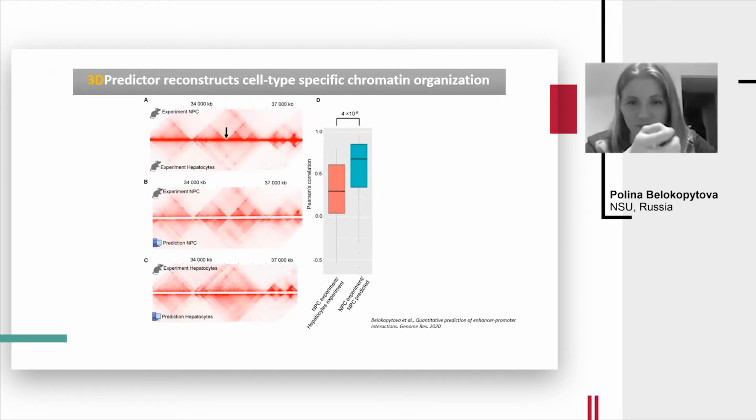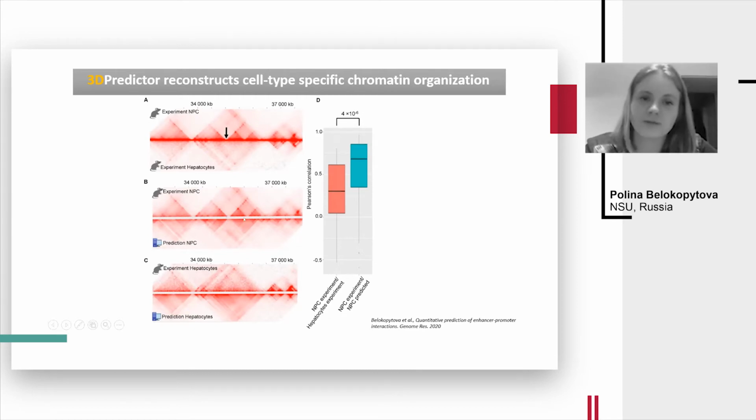But now let's return to our prediction. We also tested how well we predicted cell type specific chromatin organization. Here you can see experimental Hi-C data for neuroprogenitor cells and mouse hepatocytes, which differ by this TAD boundary. And below are our predictions. Indeed, the algorithm captured this difference.